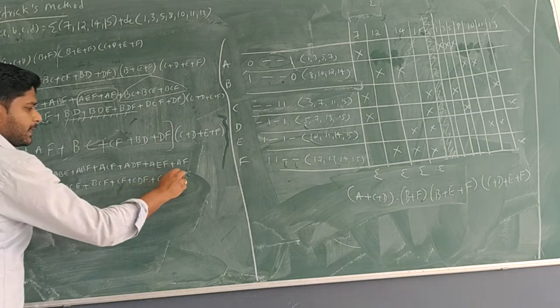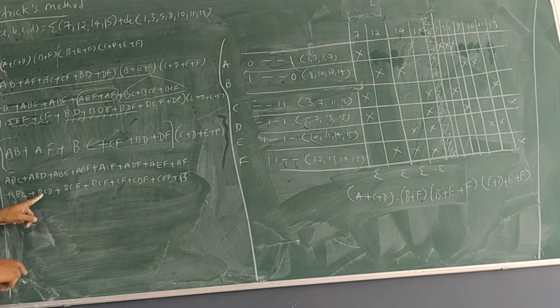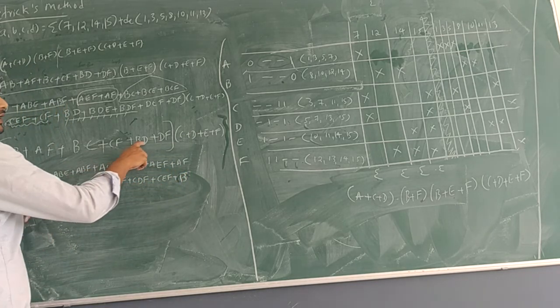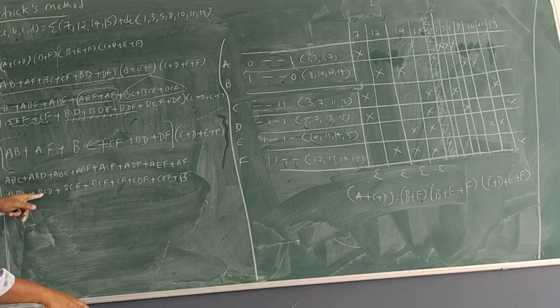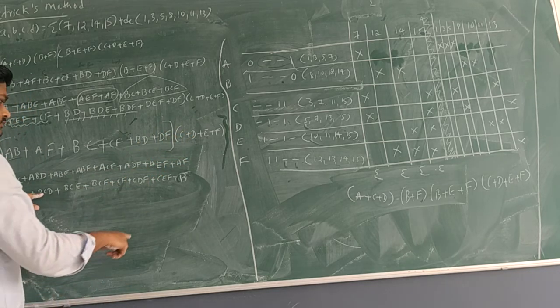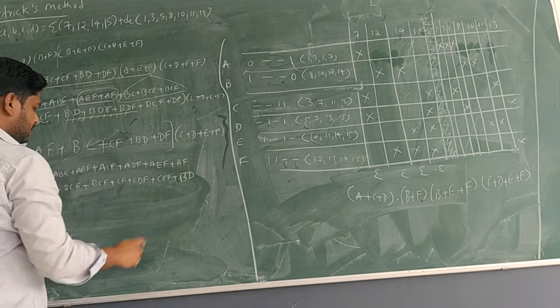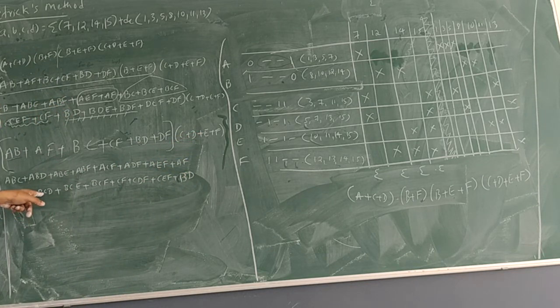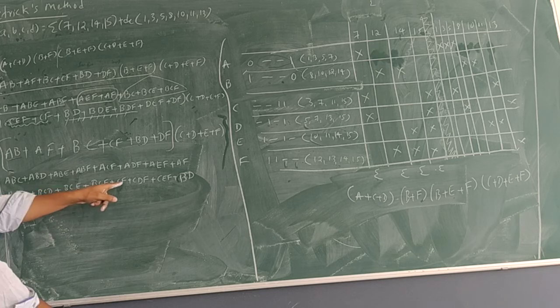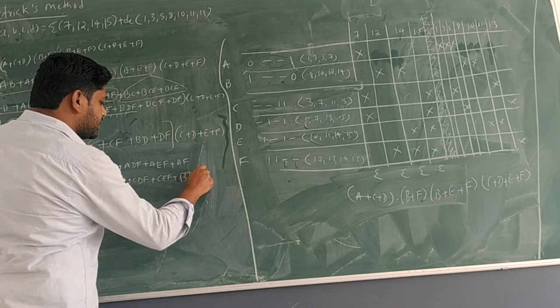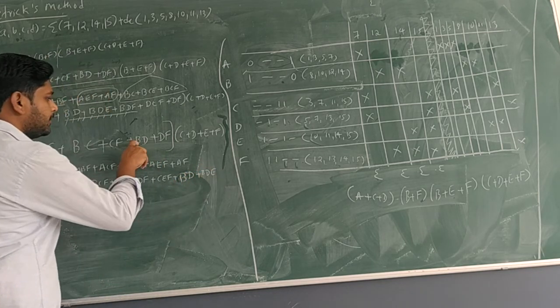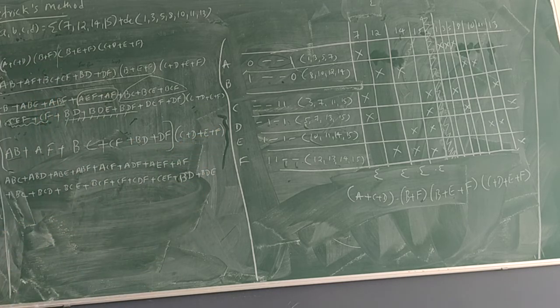BD into C, BCD. BD into D, BD. BD into E, BDE. BD into F, BDF.